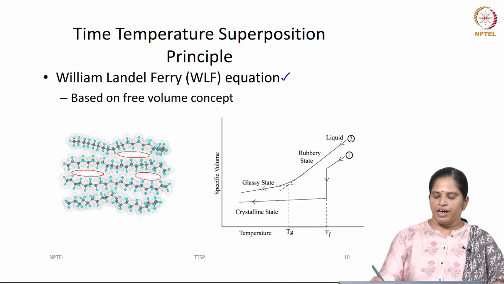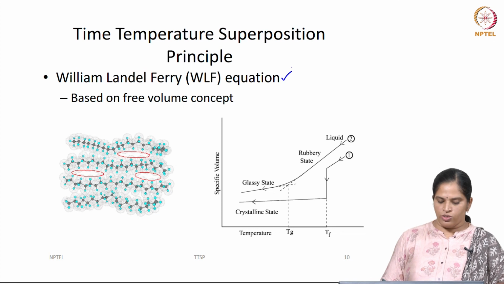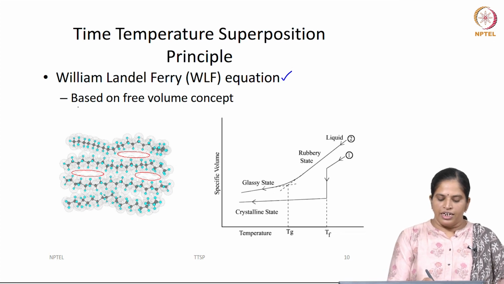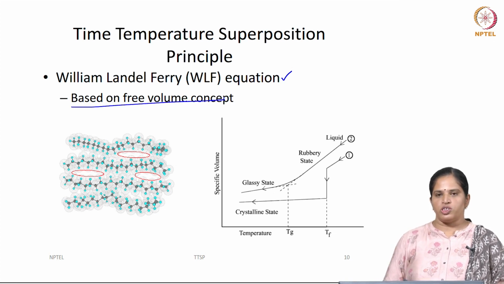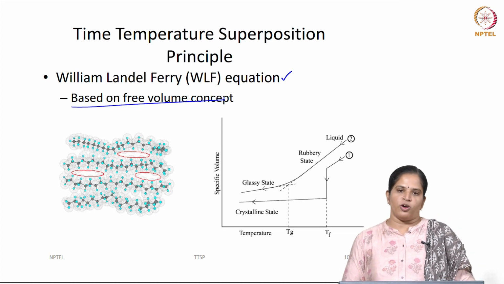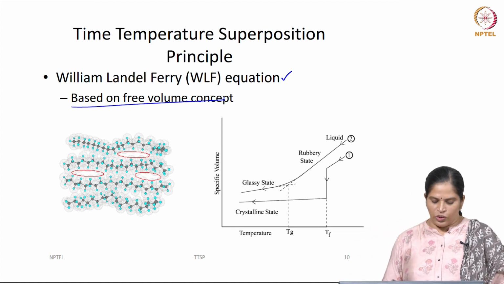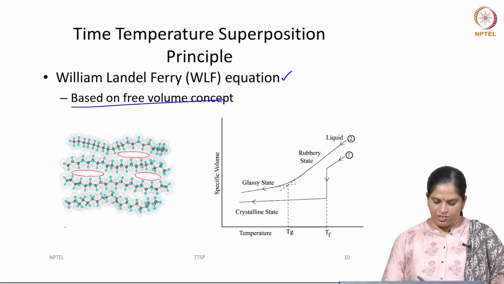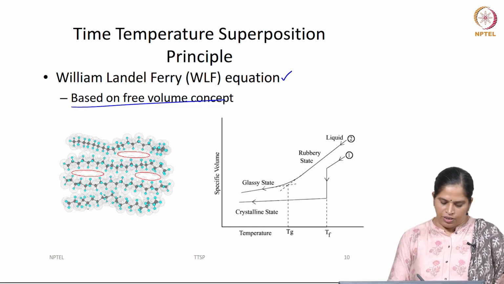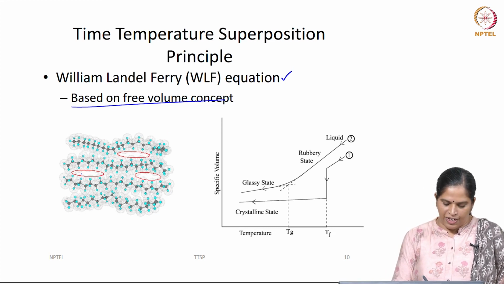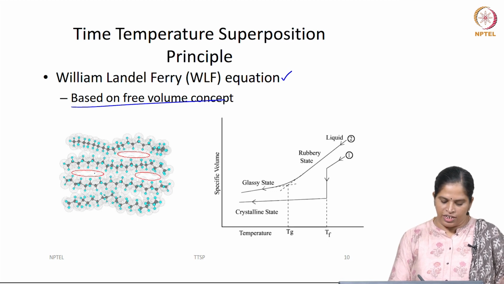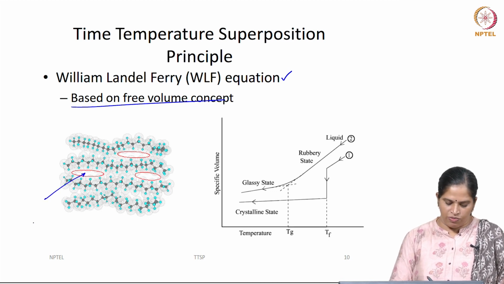This Williams-Landel-Ferry equation was initially used for polymers and it is based on the free volume concept. So, what is free volume in a polymer? You can see a schematic picture here where you have free space between molecules, and the volume of this free space is what we call free volume.